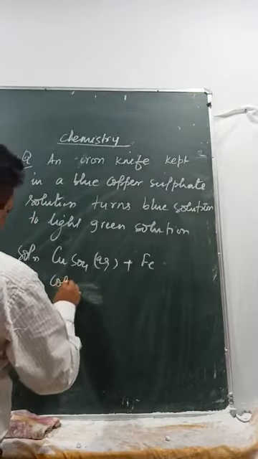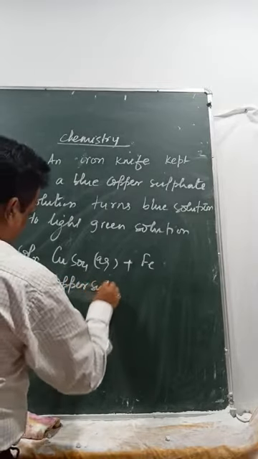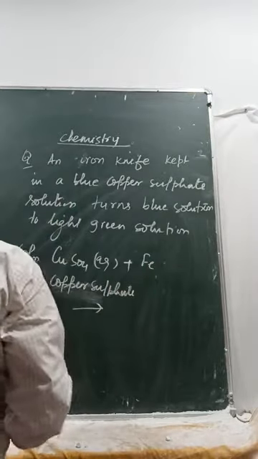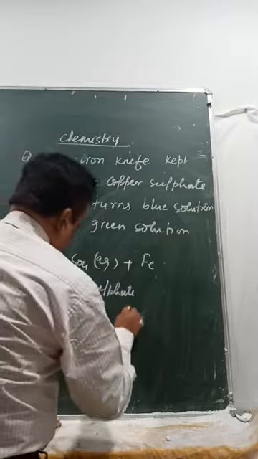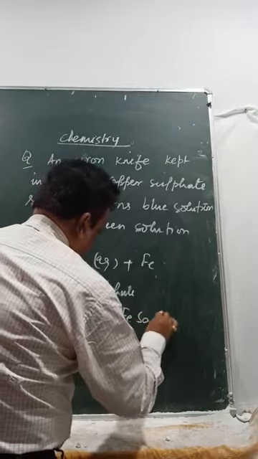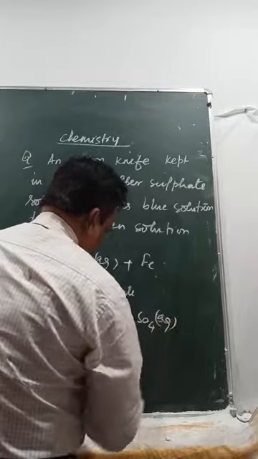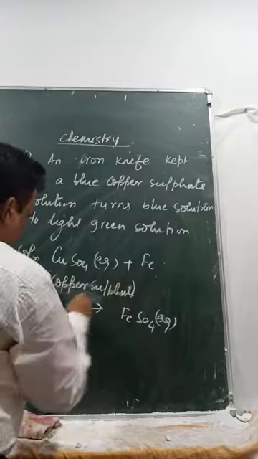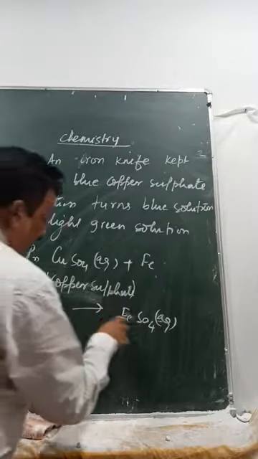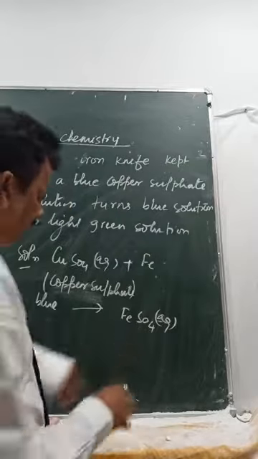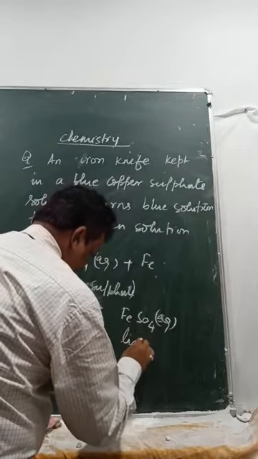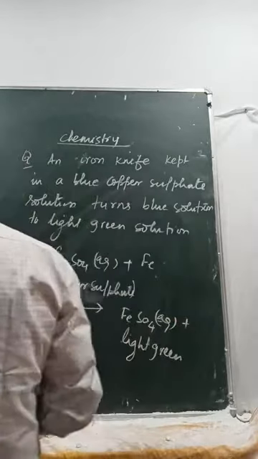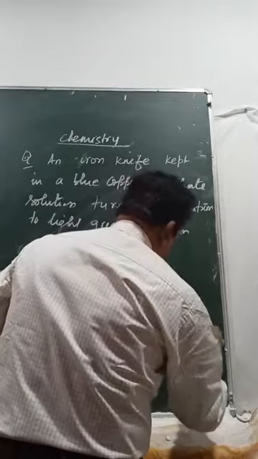Copper sulfate is blue in color. Now this solution obtained is light green, plus what you find? Copper, which is a solid.